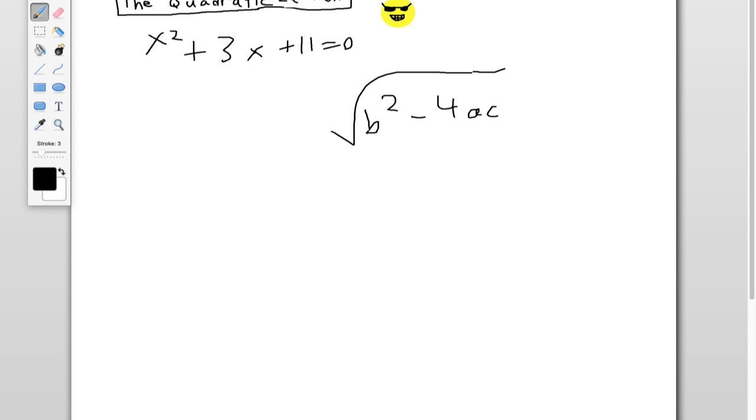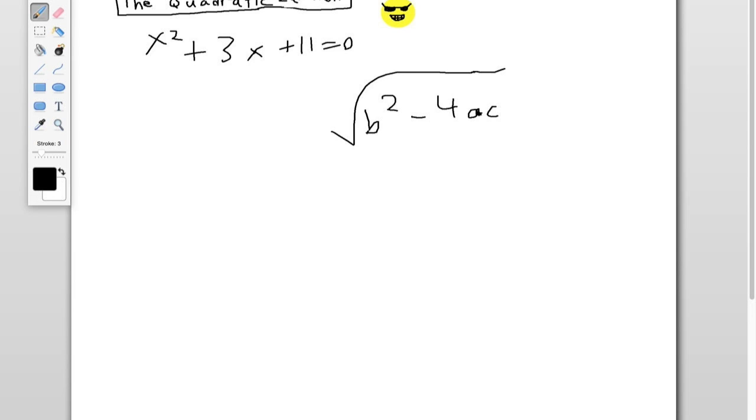That's all it is. And we can use this to determine what kind of solutions our equation will have. You might have noticed this because it is inside of the same square root sort of house thing. And when we were doing those equations, you may have noticed that depending on what was in there, we could determine what kind of solutions we would have.